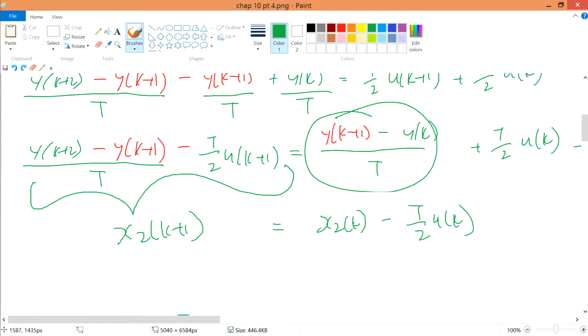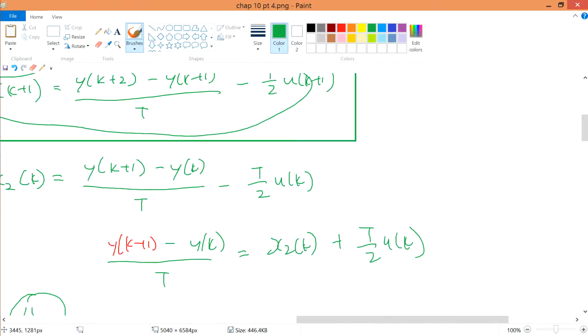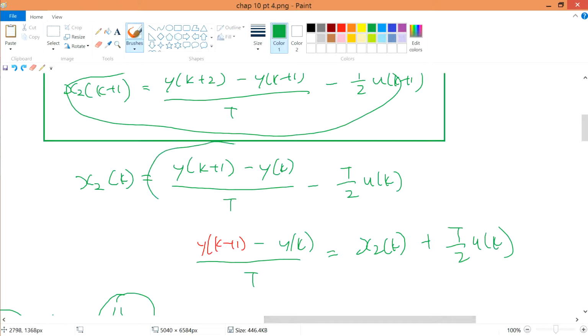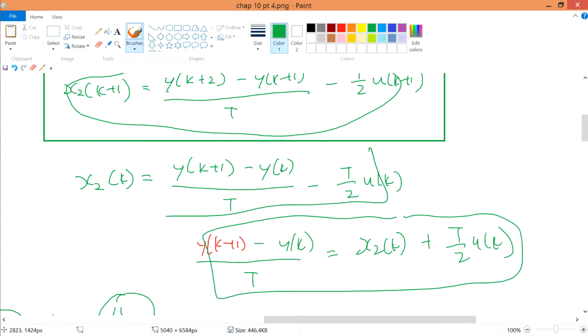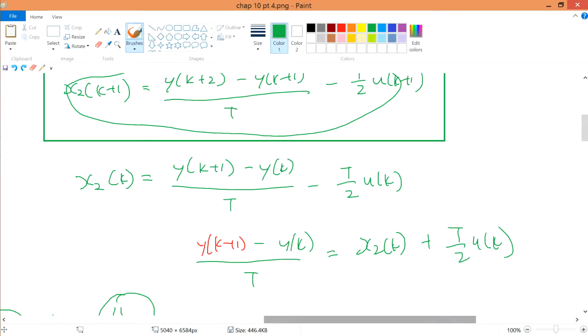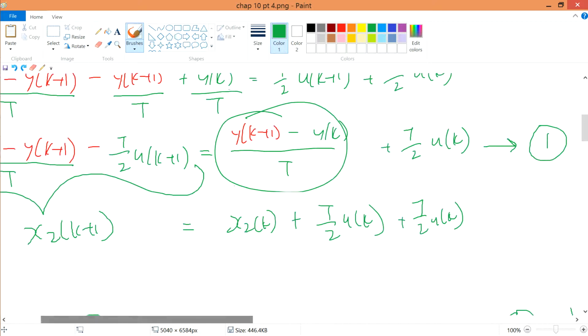Then plus t over 2uk. So if I were to add this thing up, this is actually plus, sorry, is it? Yes, this thing is plus because I bring this minus to the other side. So x2k plus t over 2uk is this form. So this thing is the same as this thing. But anyway, these are the conditions.